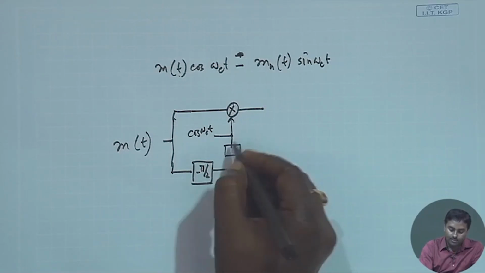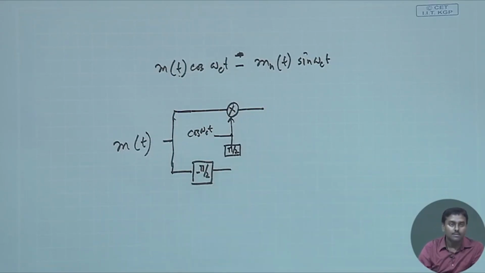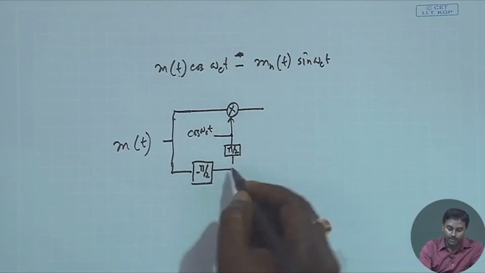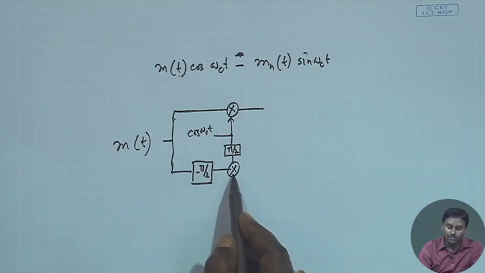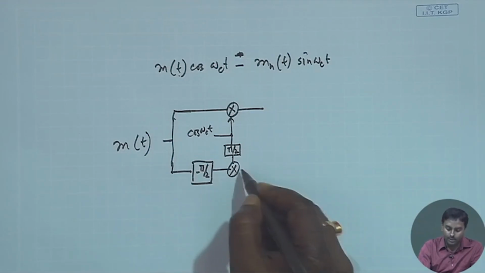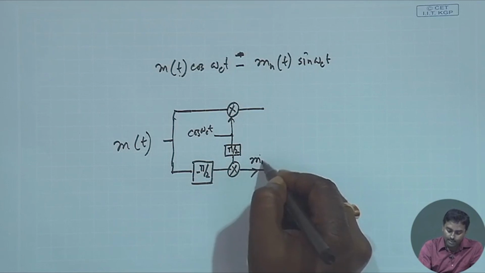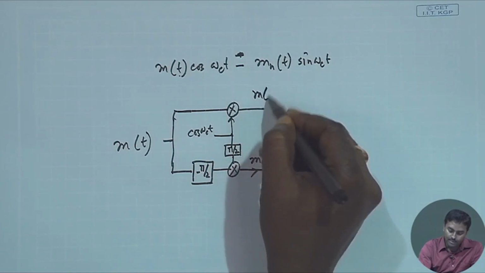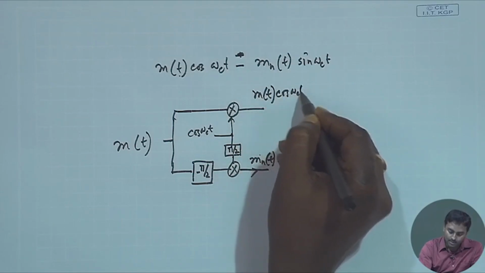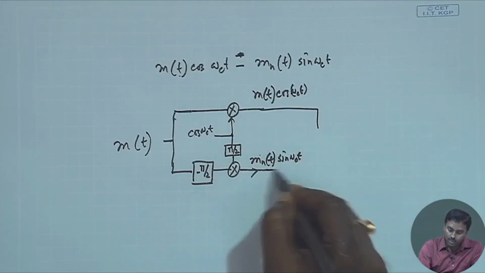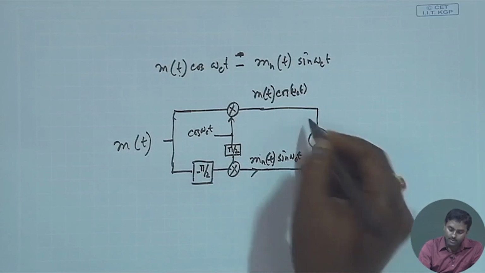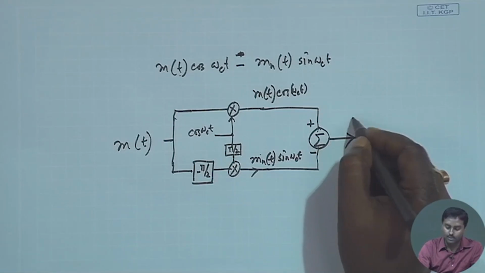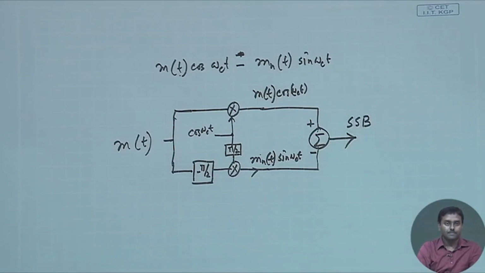Here you give a pi by 2 phase shift, from cos omega_c t to sin omega_c t, and then you multiply. So this will generate m_h(t) sin omega_c t. If you wish to do upper sideband, you just add this plus this minus, and that will be your SSB signal.